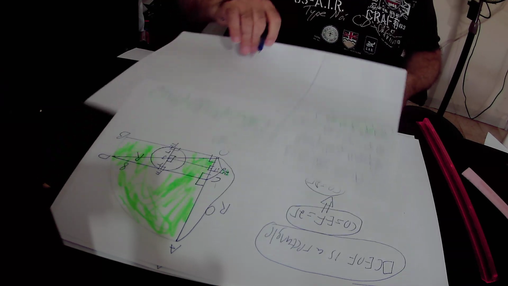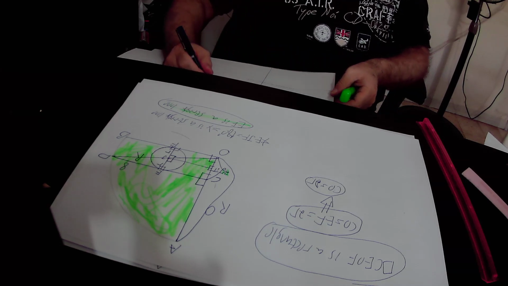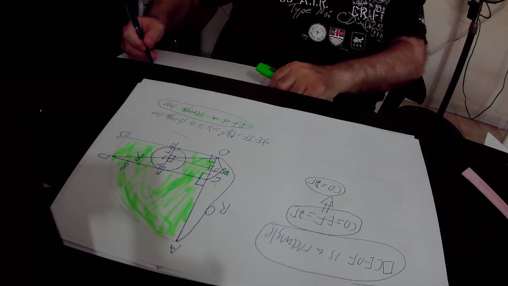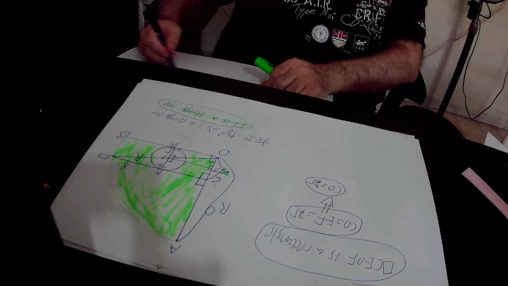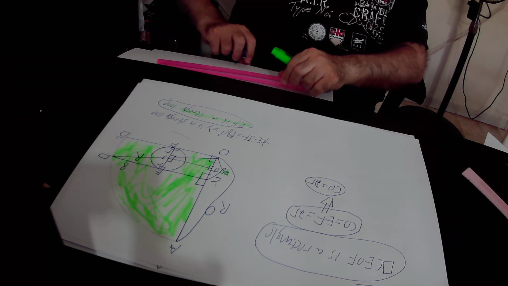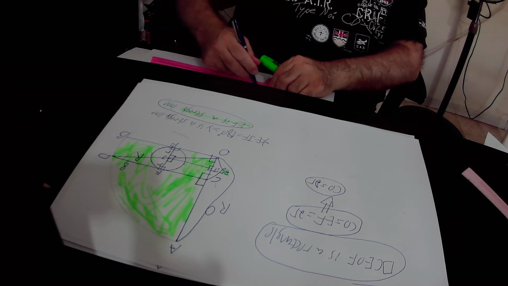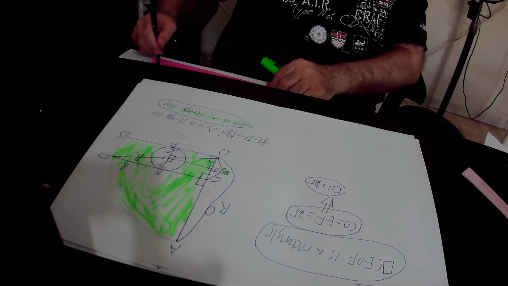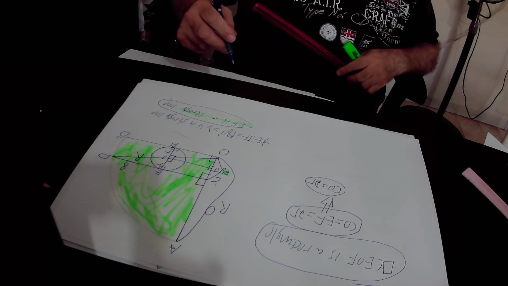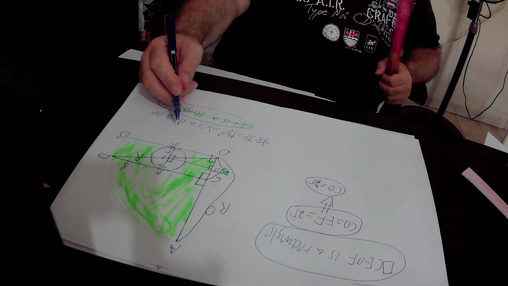That is to say, the area of the quarter circle is equal to the area of the circle over 4.